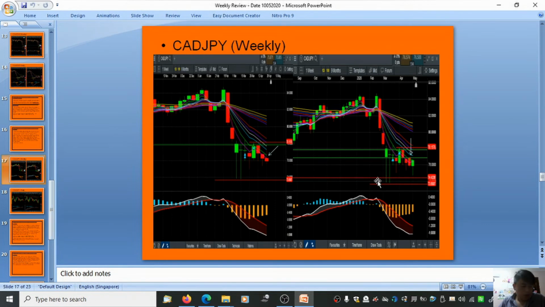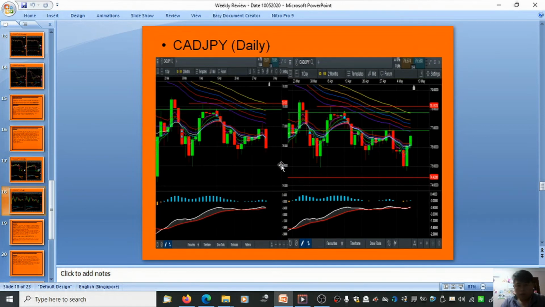You can see the green body within the previous red body after the break. But if you look at the previous week that I had, actually this one is a green body crossing over the previous red body, so there's a discrepancy here.